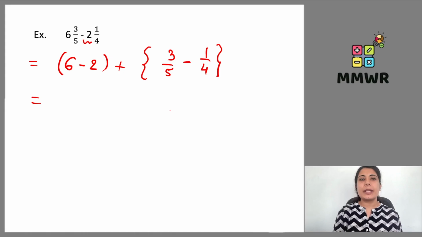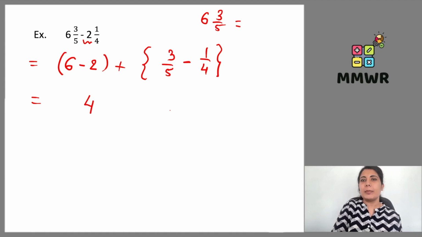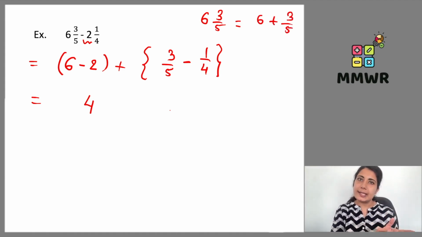Okay, now 6 minus 2 gives me 4. And as we know, whenever we have a mixed fraction, by default this 6 and 3 by 5 is nothing but 6 plus 3 by 5. Both cases give exactly the same answer.